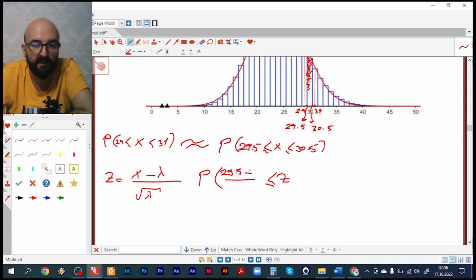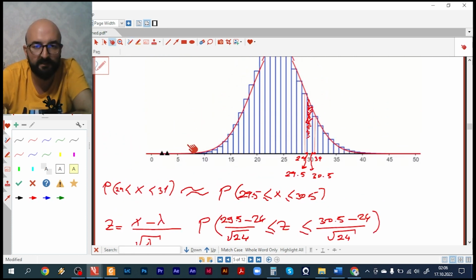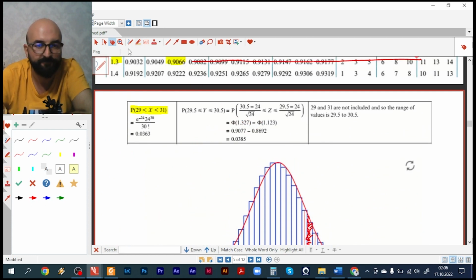Please remember that in this question lambda is 24, and the square root of 24, less than or equal to x, 30.5 minus 24, over the square root of 24. And I want to look at the solution table. This section equals 1.327.